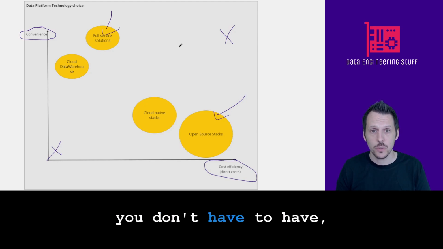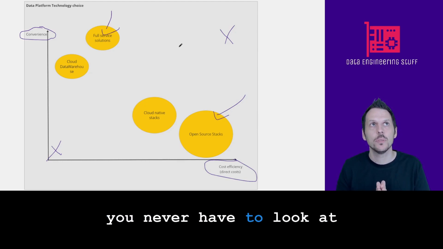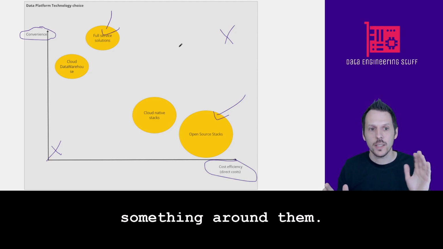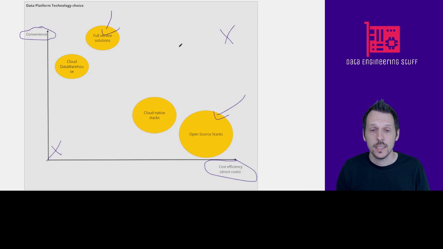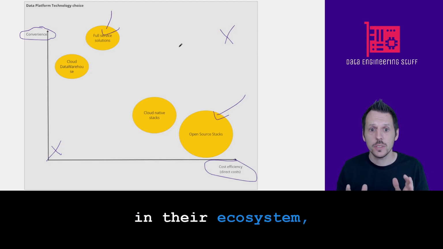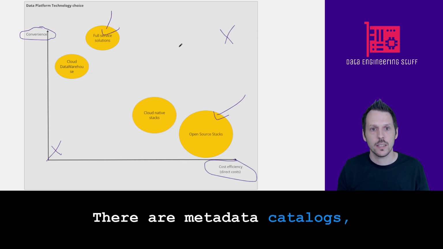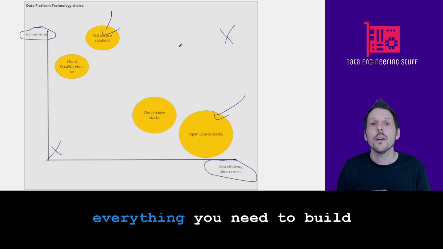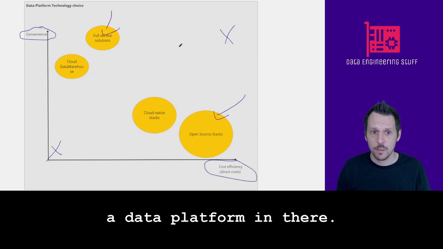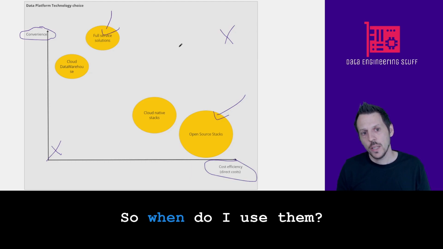You never have to look at something around them. You just have to work in their ecosystem, in their UI, and you get everything there. There are metadata catalogs, there is data quality, there is job orchestration, there's streaming. There's everything you need to build a data platform in there. So when do I use them?